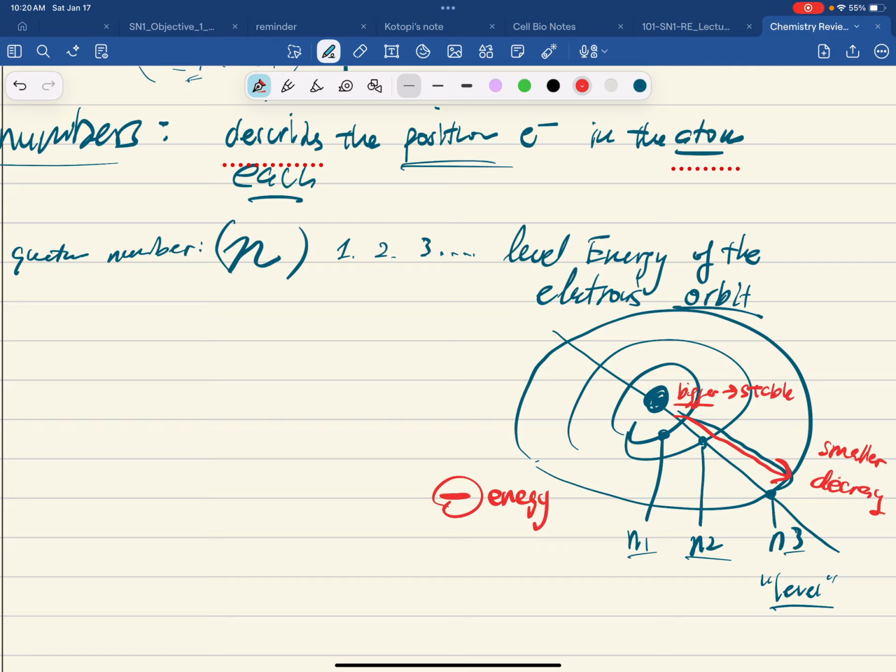And the lower energy, so smaller, they're going to be less stable, and this is due to the energy being negative.